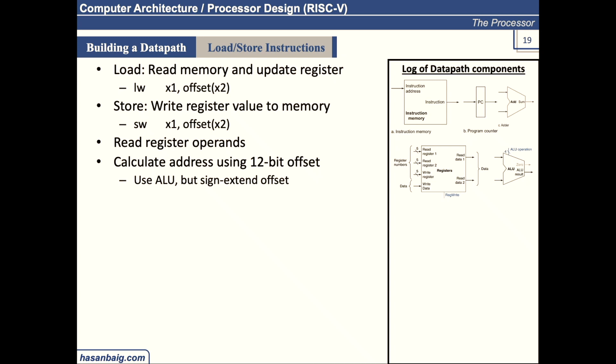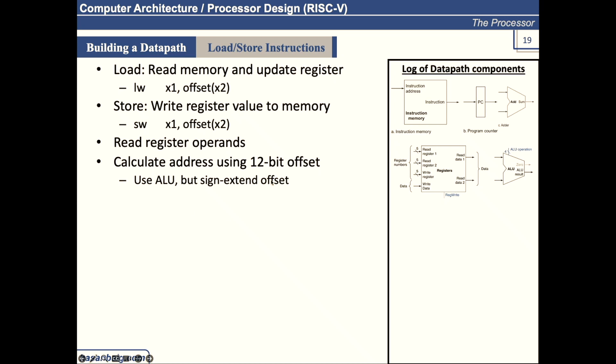So in both cases, we need to read register operands. When we talk about reading register operands, what component is required? Register file, which is already present here. So we are talking about reusing components here. We calculate the address using the 12-bit offset.